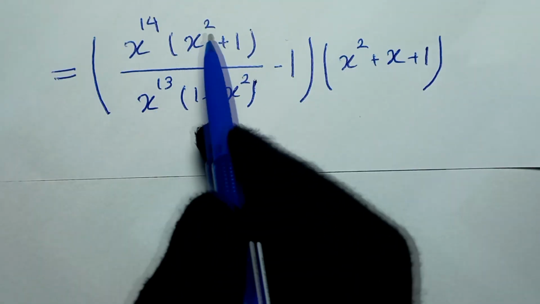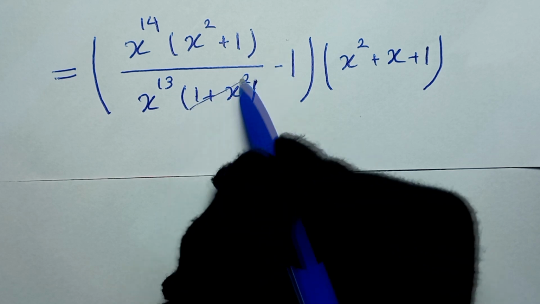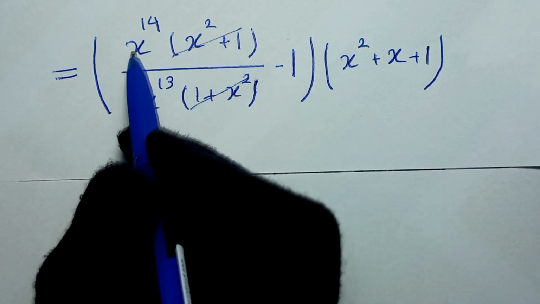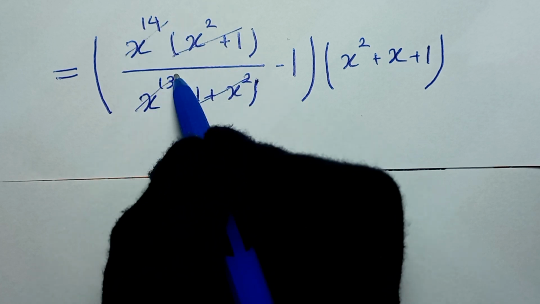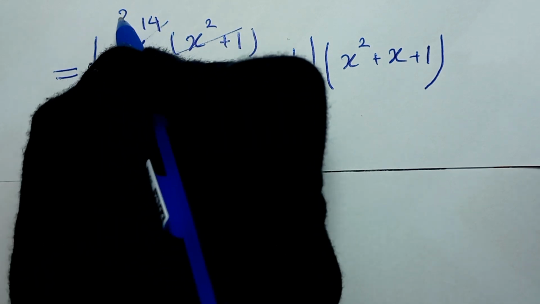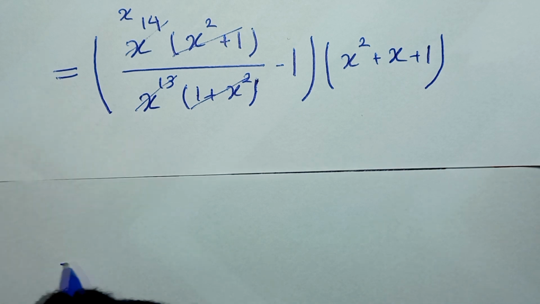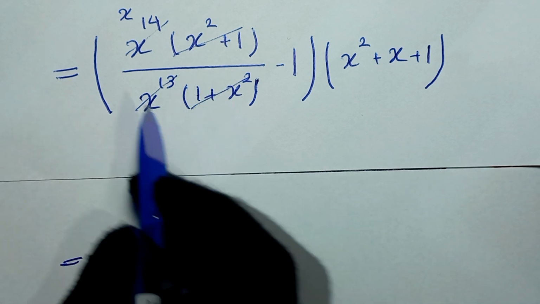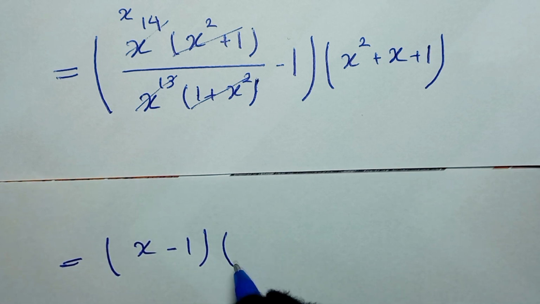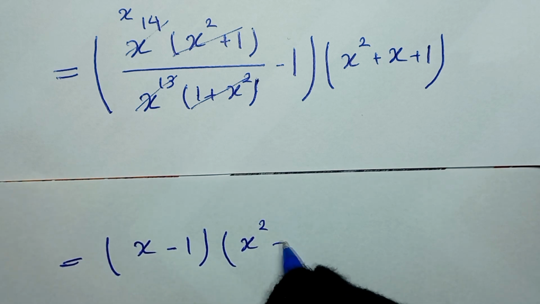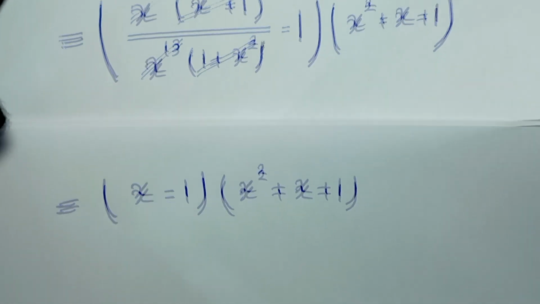In here, we have 1 plus x squared, and in here we have 1 plus x squared, so this will cancel this, and x to the power of 14 will cancel this x to the power of 13, and in here we have x, right? So this is equal to x minus 1 and times x squared plus x plus 1.